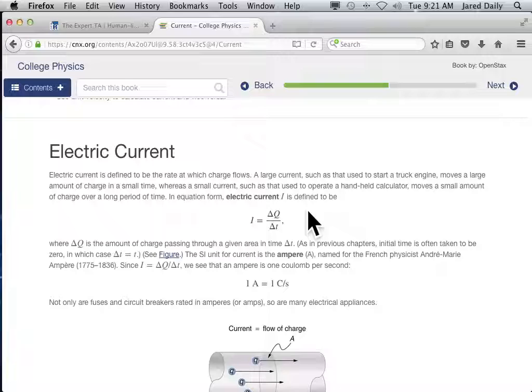But that charge is passing through some area in some given amount of time, delta t. And this unit is given the unit of amps. It's coulombs per second, because charge is coulombs, time is seconds. And coulombs per second is named amps, or amperes, named after a famous physicist named Ampere.